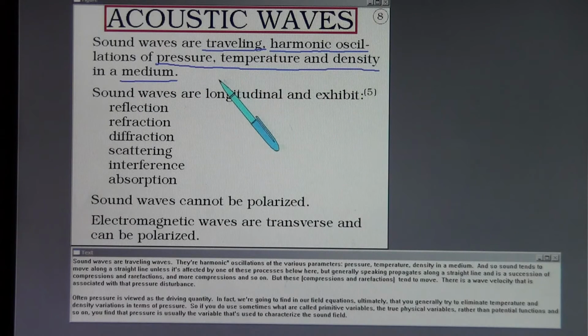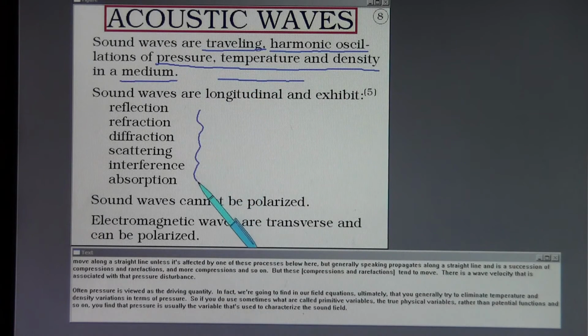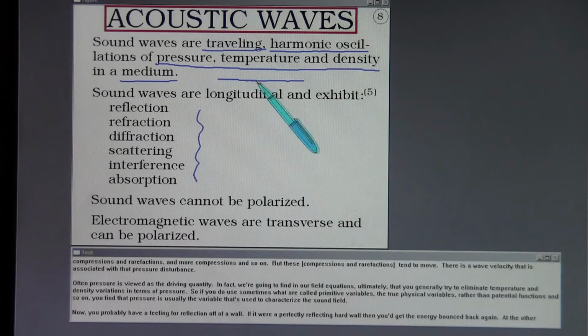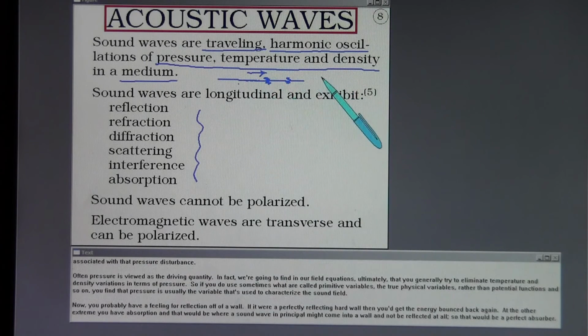And so sound tends to move along a straight line unless it's affected by one of these processes below here. But generally speaking, it propagates along a straight line and is a succession of compressions and rarefactions and more compressions and so on. But these points tend to move. And there is a wave velocity that's associated with that pressure disturbance.